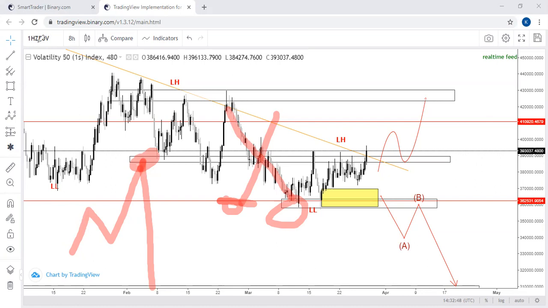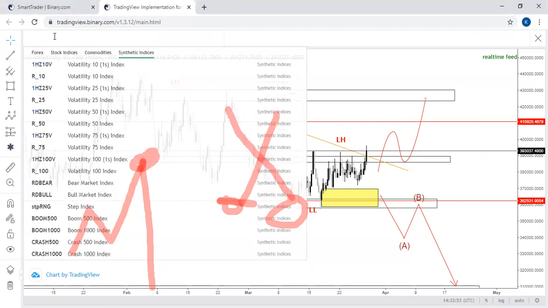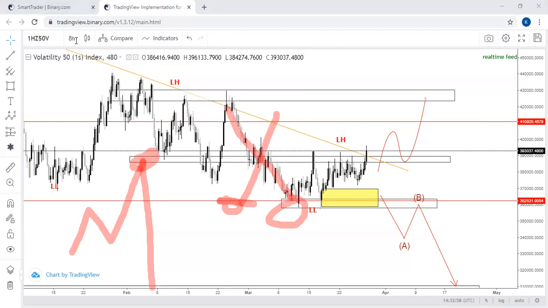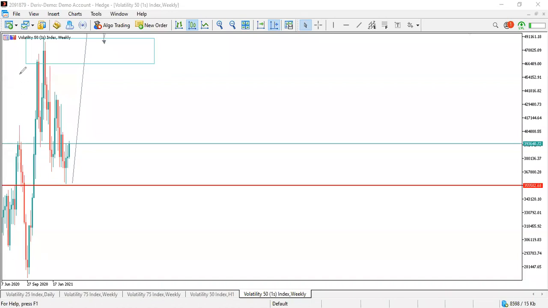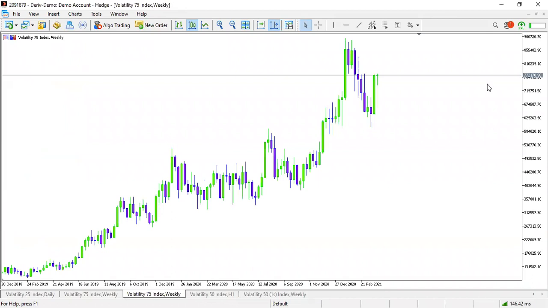So V75 is also doing the same thing. We are expecting price to move to the upside. But the secret, let me show this on the weekly time frame. The secret behind V75 is that recently we can clearly see on the weekly time frame that price is moving to higher highs and higher lows, right?